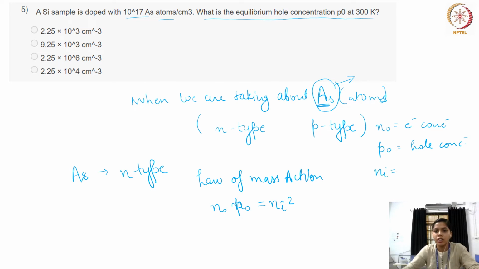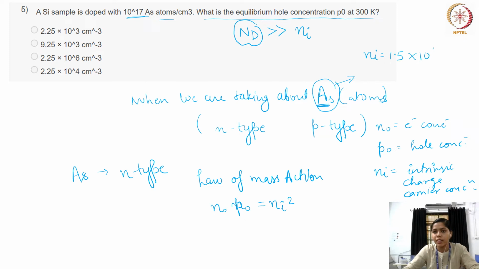And Ni is your intrinsic charge carrier concentration. Okay, so when I am talking about this value, you can see that it's a donor atom, so the concentration of Nd is greater than the Ni value. Since Ni value is 1.5 into 10 raised to the power 10, and you can see here its concentration is 10 raised to the power 17 atoms per centimeter cube. So it's a very large value compared to Ni.